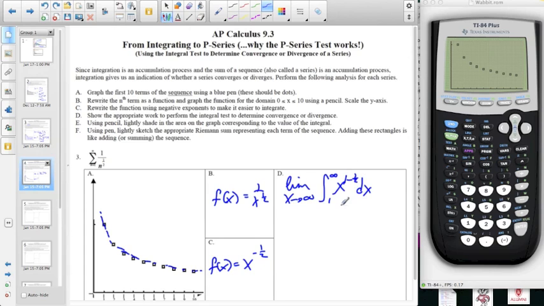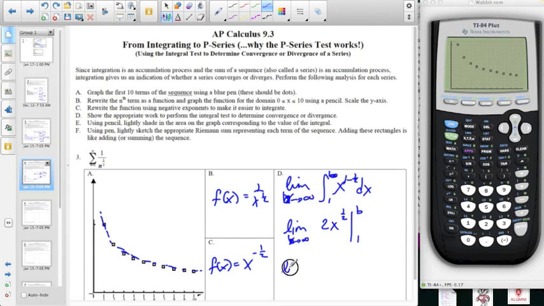So as we integrate this, bump the power up by 1, it's positive 1/2 multiplied by the reciprocal, which is 2. Excuse me, not x, as b approaches infinity. So we're looking at 2x to the 1/2 power from 1 to b.